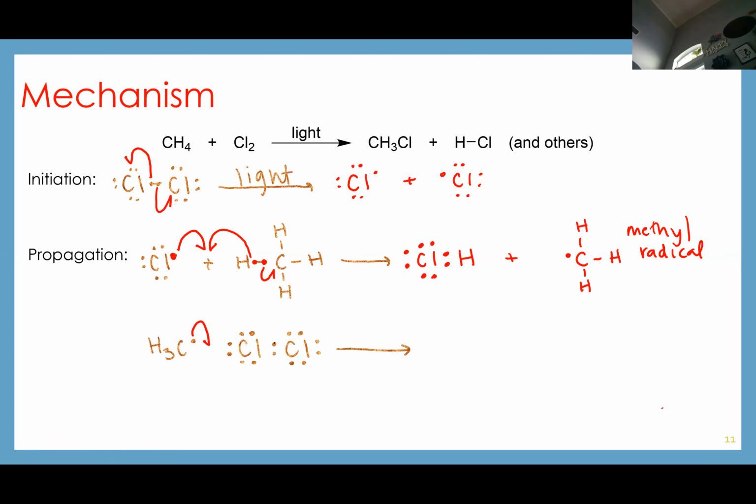So we're going to take one of these electrons and create a bond between carbon and chlorine. So this is the bond that we're creating. And then the other electron in this bond goes to the chlorine. And this gives us a product.